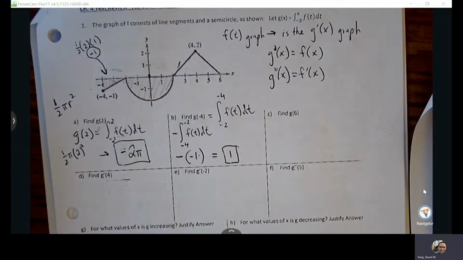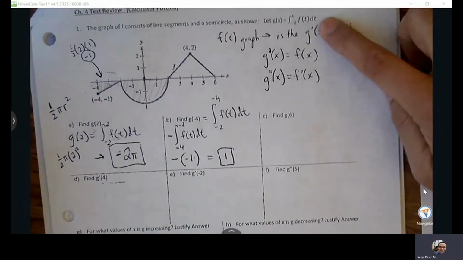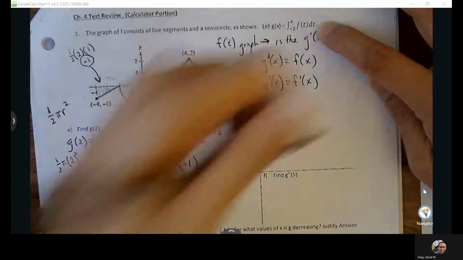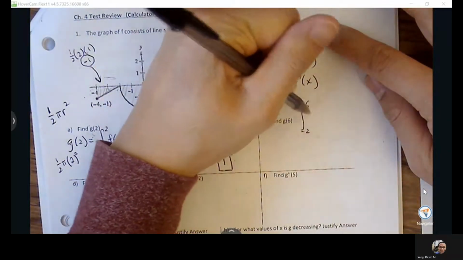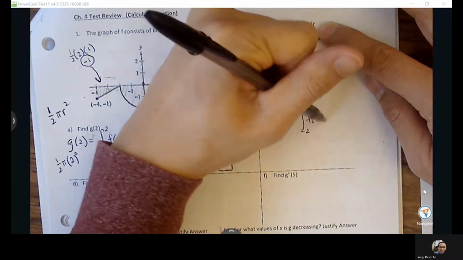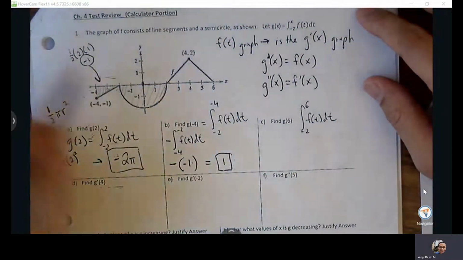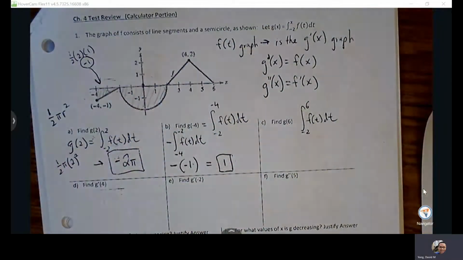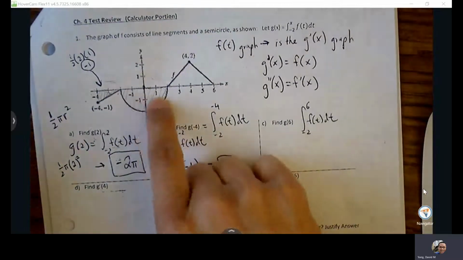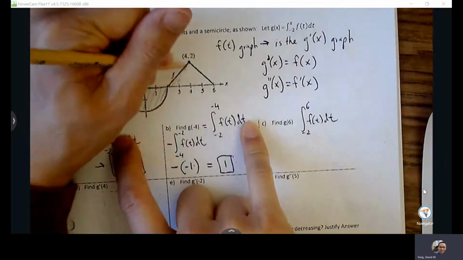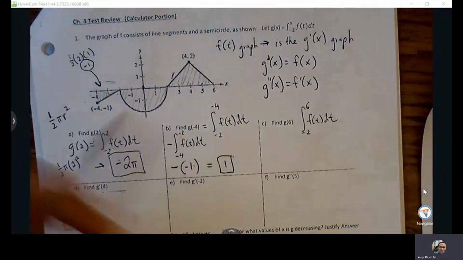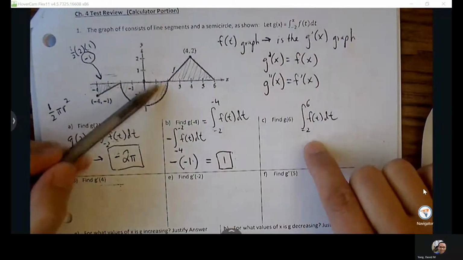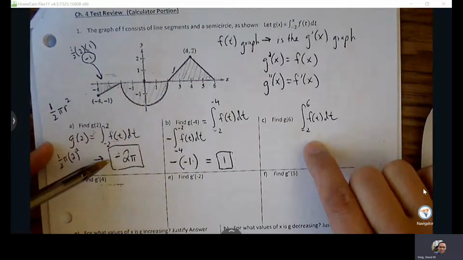Okay, part C, g of 6. Again, we always go back to our definition. So -2 to 6. Now we're going to be involving the semicircle and the triangle on the right. Okay, we know the semicircle is -2 pi.